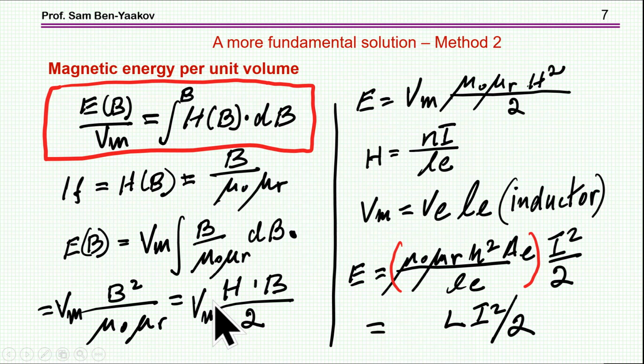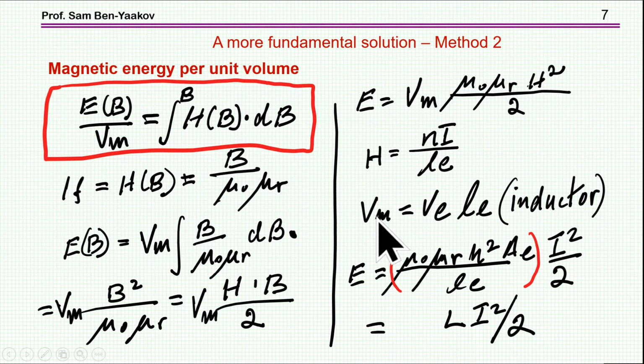Now let's see if this makes sense and is compatible with what we are used to. Energy from here, and now I'm replacing B by H times mu, is the volume times mu H squared over 2, which is B times H over 2. Now H is N i over Le.